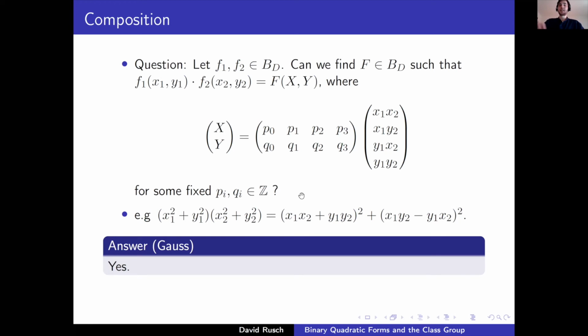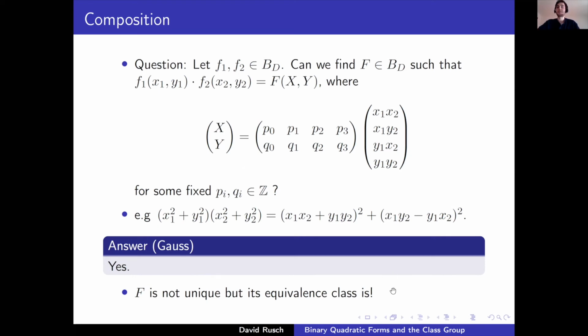And besides, there's another thing that makes it more complicated, namely, this capital F is not really unique. You can find different matrices and different Fs that also work. But what Gauss figured out is that the equivalence class of F, capital F, is actually unique.